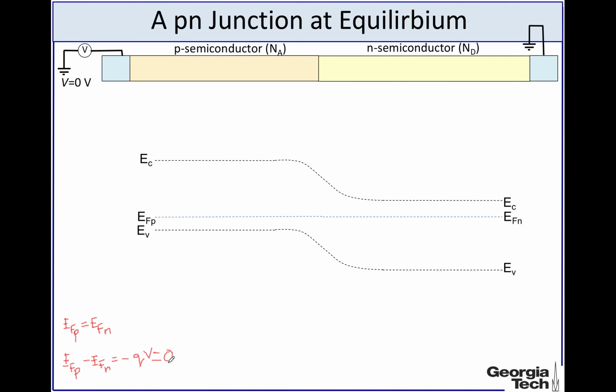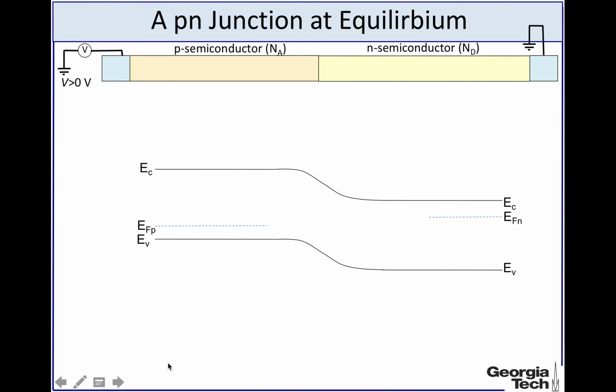Okay, so now we have applied a voltage larger than 0, basically a forward bias, and what we see is that the Fermi levels of the two sides are no longer lined up. There is a gap between them, and as we said in the previous slide, EFP minus EFN equals minus qV, so this gap between EFN and EFP is qV.